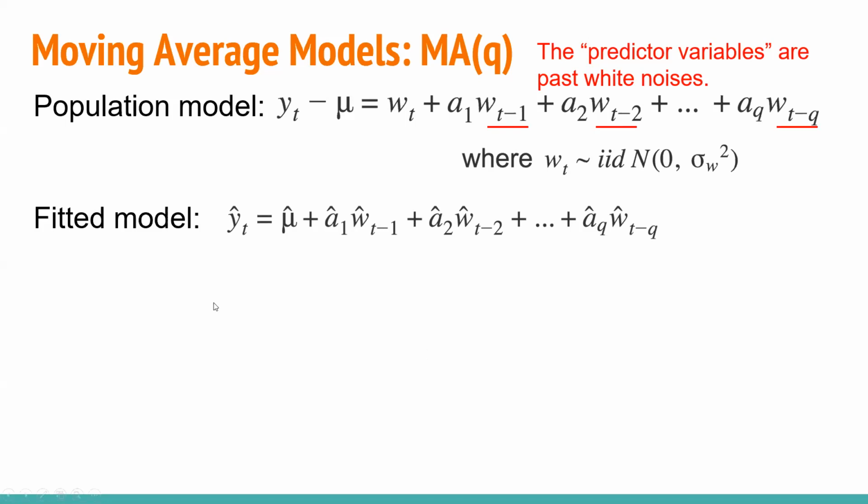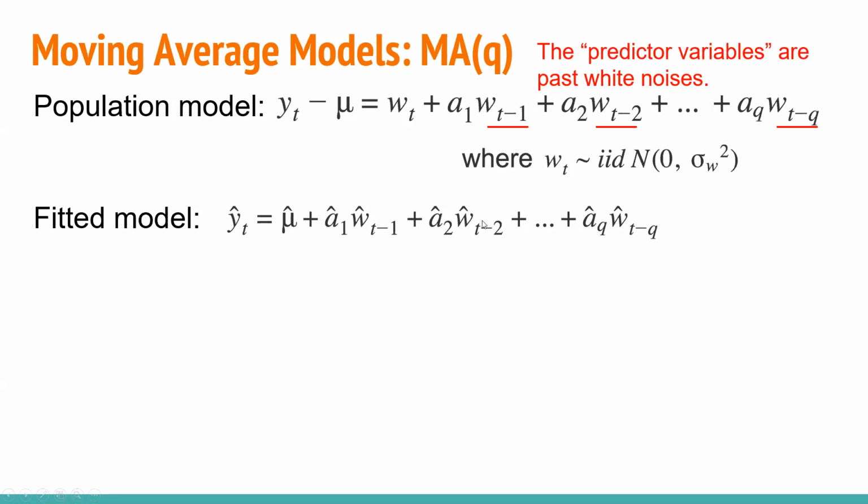Now, this is a corresponding fitted model. If I want a prediction about the value of the time series, it depends on the past white noises. If you take a look at what I have right here, you have the y t minus 1. This is the immediate past white noise.